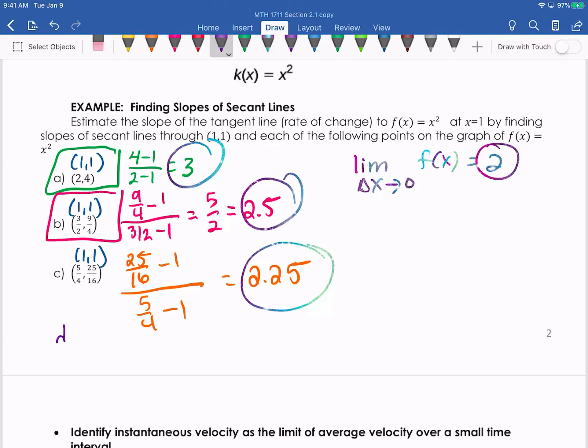If I added a 4th point and I called it 1.01, and then whatever the corresponding y value is, and I found the slope of the line that passed through that point and (1, 1), now my change in x would be 0.01, right? The difference between 1 and 1.01, again, is getting smaller. And we would get an even more accurate estimation of the slope at just the 1 point. But given the 3 values that we have here, I'm going to estimate that my slope is 2 at just that single point, x equals 1.